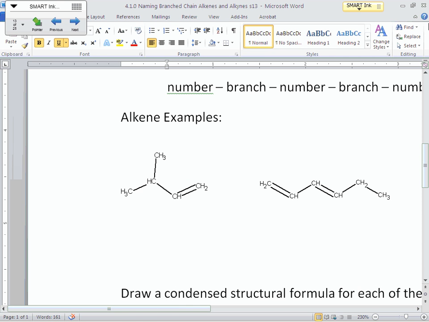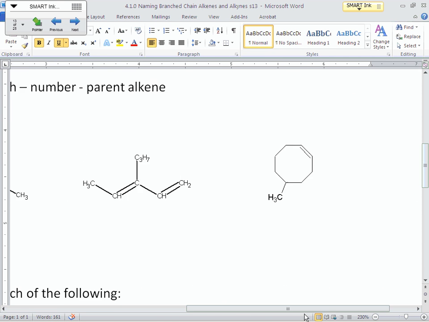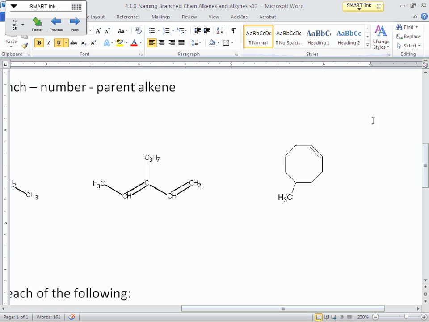Yeah, I'm going to move this guy over. All right. Numbering from this end, right? 1, 2, 3, 4. Oh, look at there. There's a C3H7.